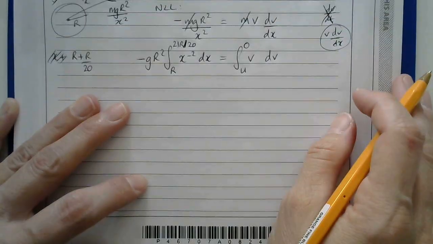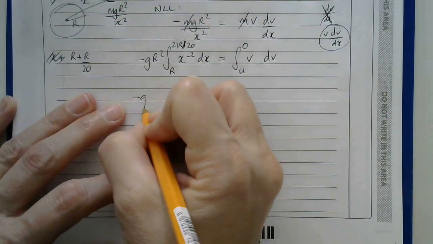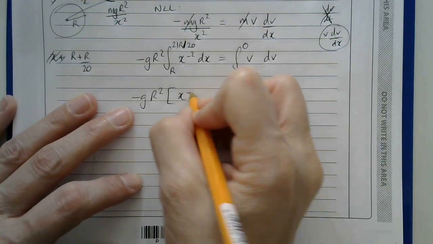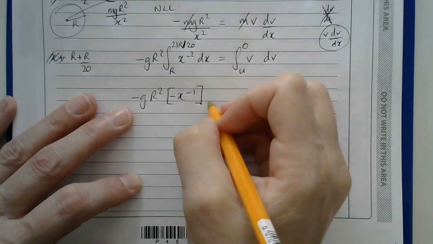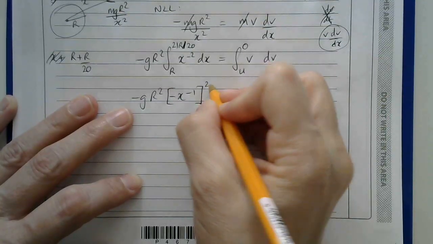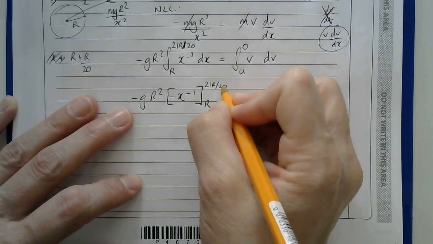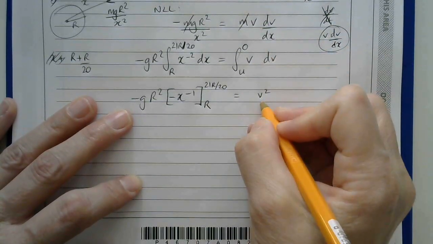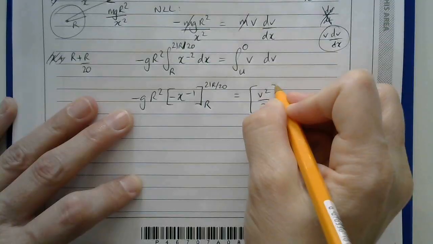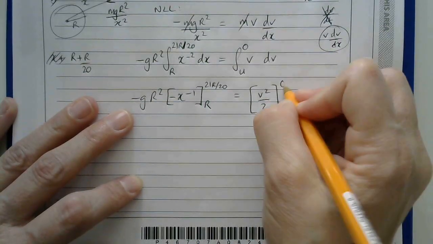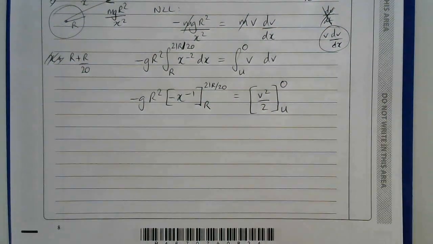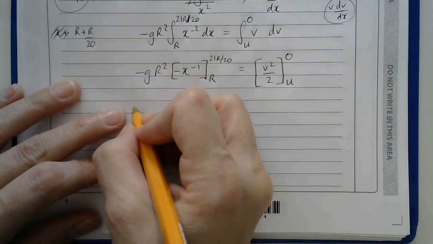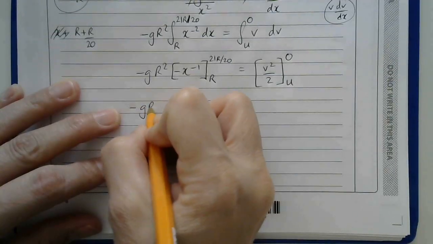On the left hand side I'll get negative gr squared. Here I add 1 to the power and divide by the new power, to evaluate from r to 21r over 20. On this side I end up with v squared over 2, evaluated from u up to 0. So here I begin by writing negative gr squared.